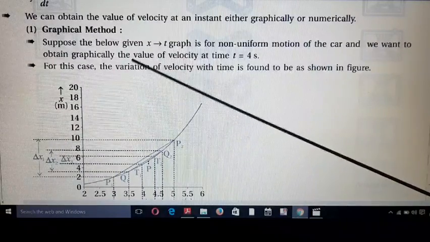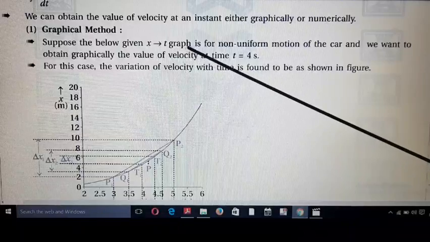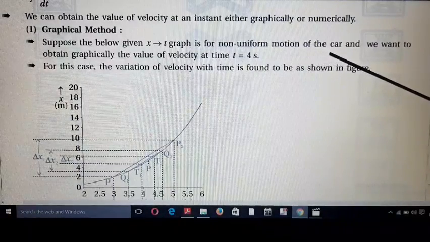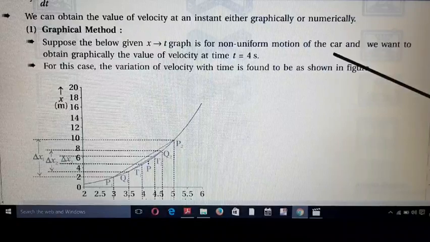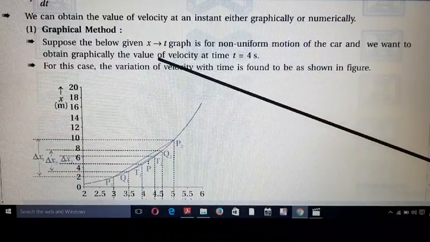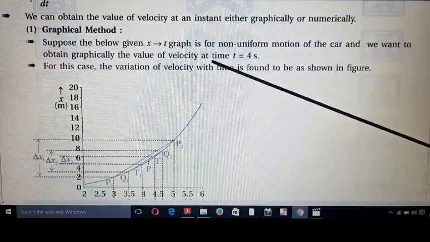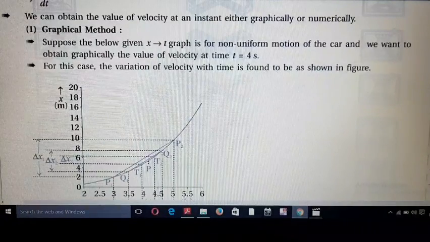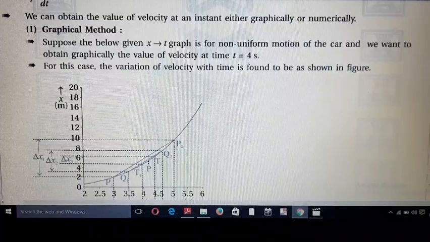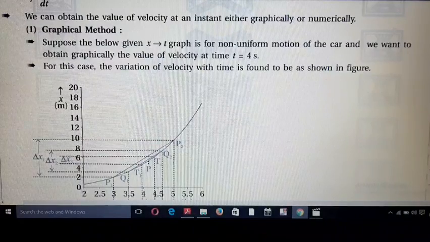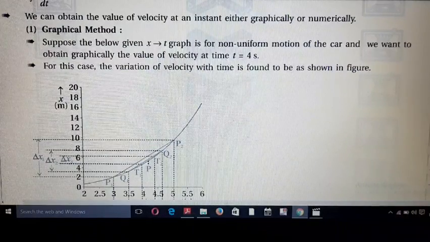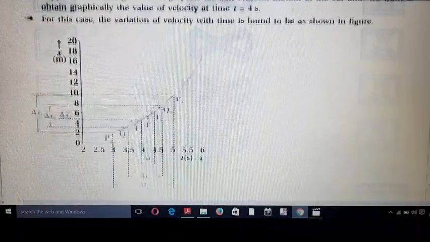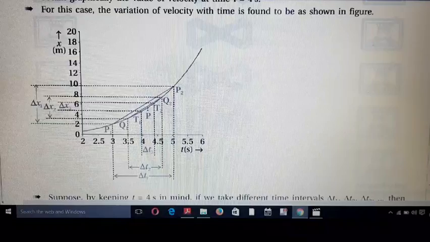Suppose the x versus t graph given below is for the non-uniform motion of a car and we want to obtain graphically the value of velocity at time t is equal to 4 seconds. First of all, on the y-axis we take distance and on the x-axis we take time. And now we draw a graph like this.